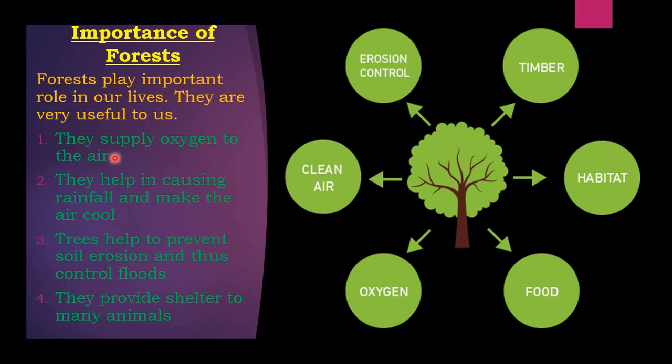But when I compare those days to these days, where are the trees? Where are the trees? We can very hardly see trees, apart from the forest. Very hardly can we see trees around our house or surrounding our places. Why is it happening like that?